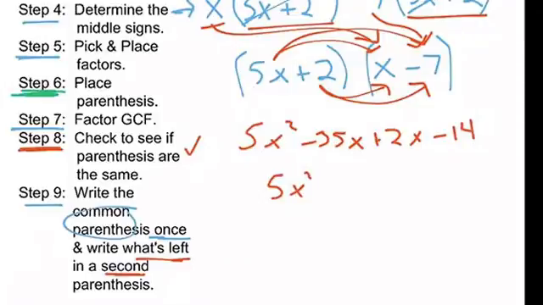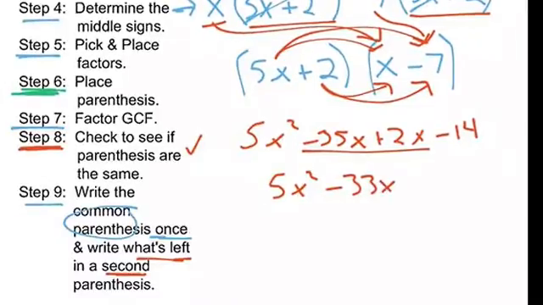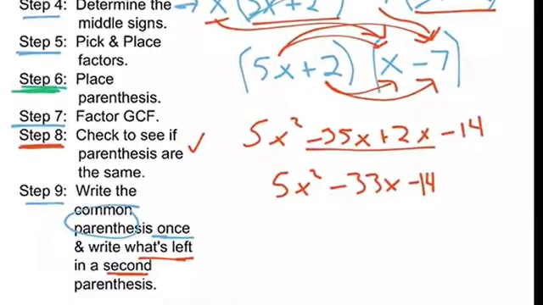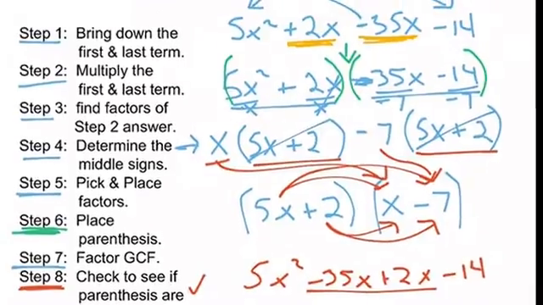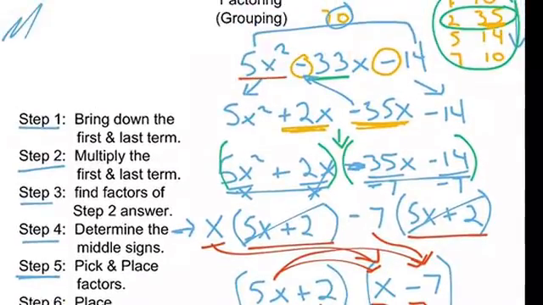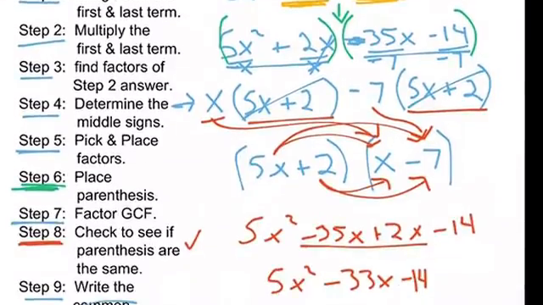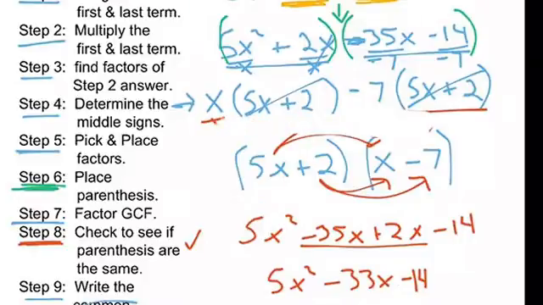So I bring down my 5x squared. Negative 35 plus 2 is a negative 33x minus 14. And that's what I started with. 5x squared minus 33x minus 14. Okay? Now I'm actually going to erase all of these arrows.